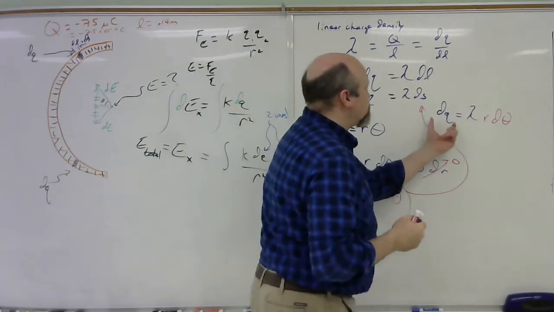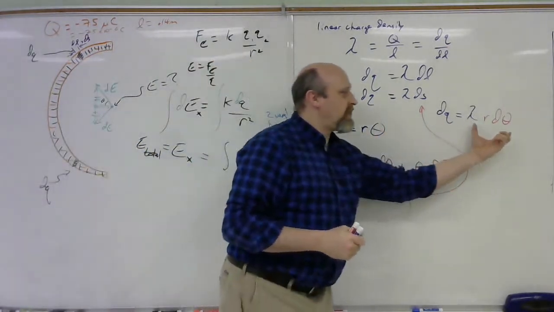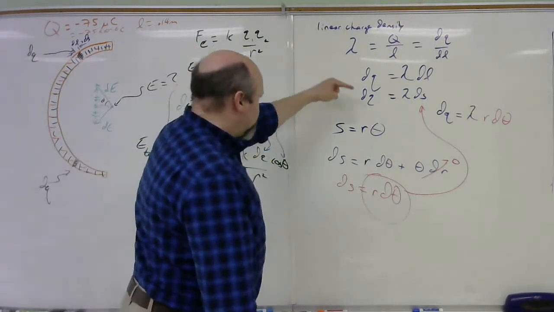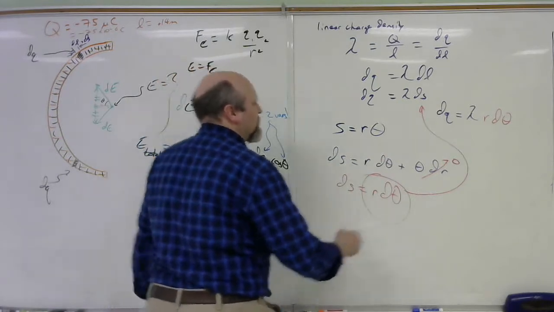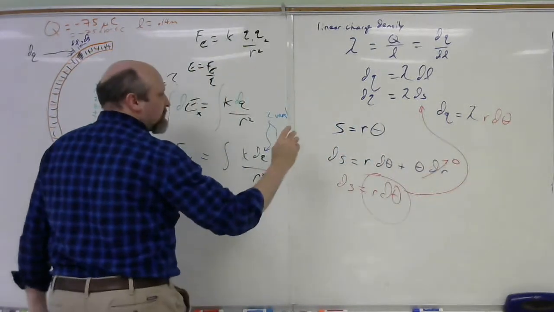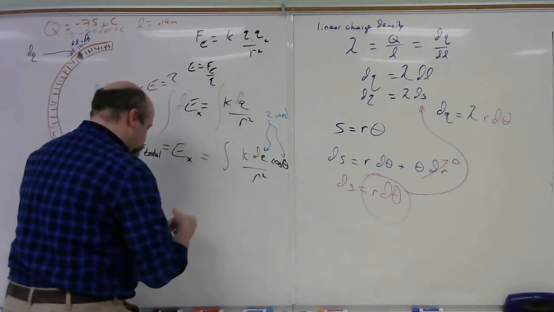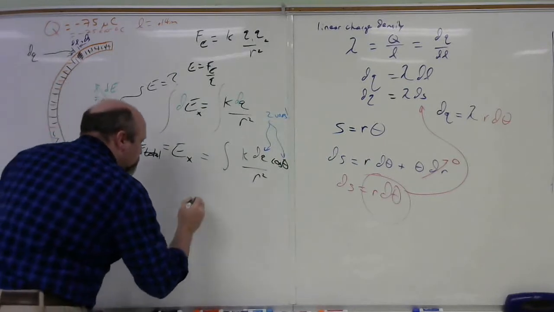And so I'm going to replace dq in the equation with lambda r d theta. It's like I did a double substitution here. Weird, huh? Anyway, lambda r d theta is going to take the place of dq, and now I'm going to have an expression with only one variable, theta.